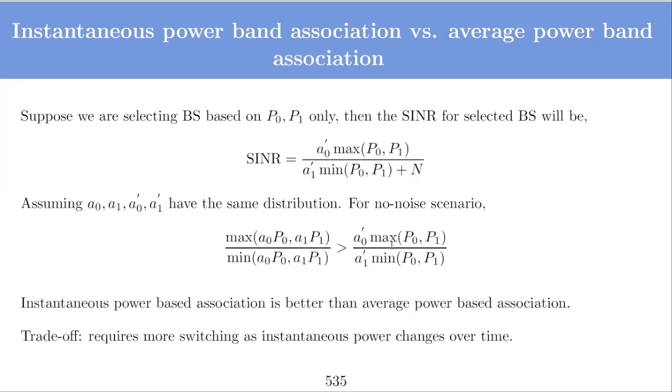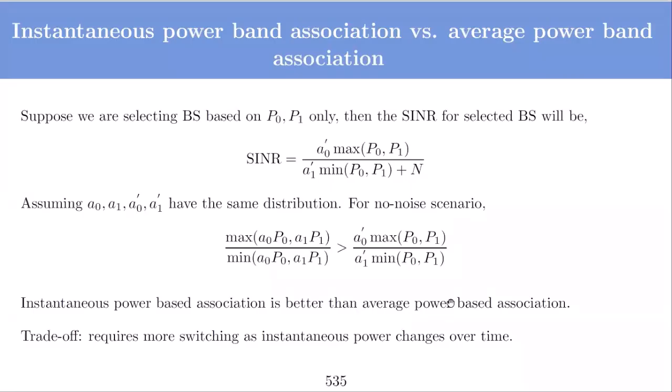But you can always say that whenever A0 P0 is more than A1 P1, basically, you can show that this left hand side is always greater than right hand side for each realization. Okay, so on average, the instantaneous association will give you more coverage than the average power-based association.